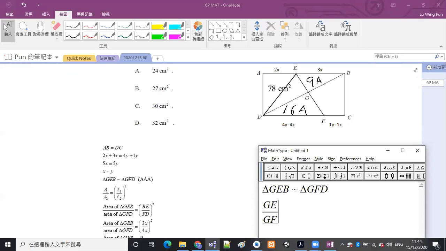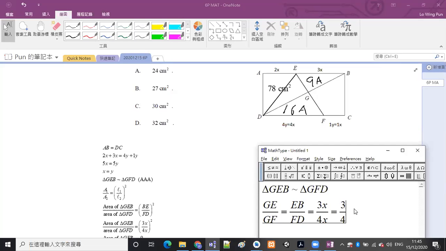GE over GF is equal to EB over FD. It is also equal to 3x over 4x, or 3 over 4. So EG to GF will be like this, a ratio of 3 to 4.